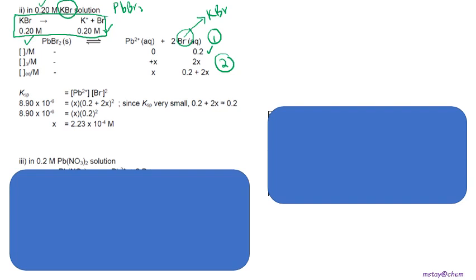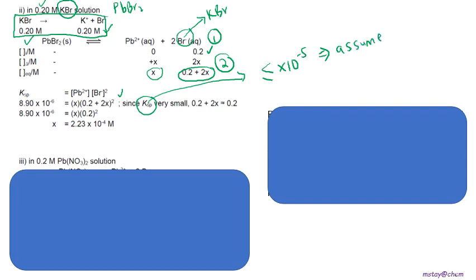So at the row of the equilibrium, Pb2+ only has x, while the Br- will have 0.2 plus 2x. Then you substitute the values into the Ksp expression. But do keep in mind that because the Ksp value is very small, smaller or equal to exponent negative 5, we are able to do an assumption.